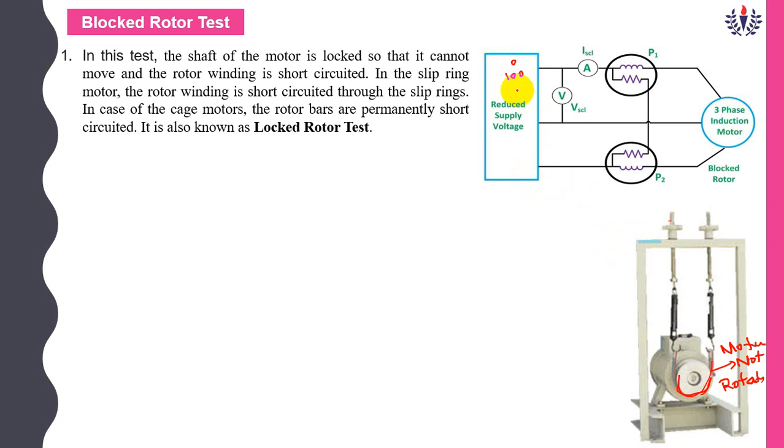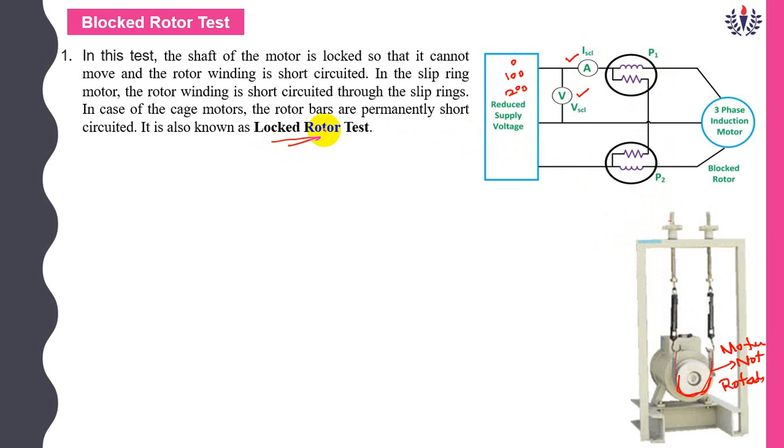Once you apply 100, we are calculating voltage and current, but the motor is locked and does not rotate. Then you have to apply 200. When you apply 200 also, you can measure the voltage, current and power, but the motor should not rotate. That concept is nothing but the locked rotor test.